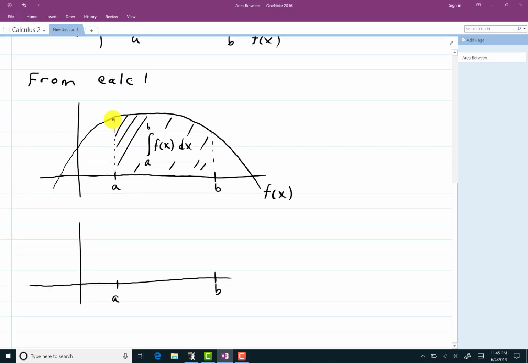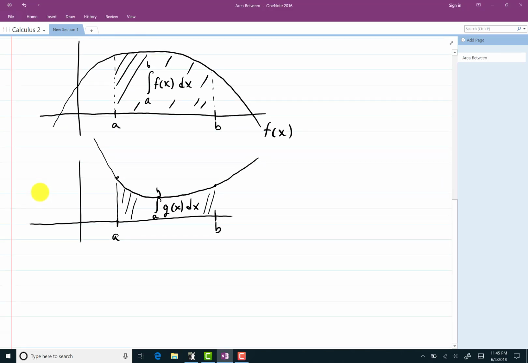Something like this. So we know the area in here is the integral from a to b of g of x dx.